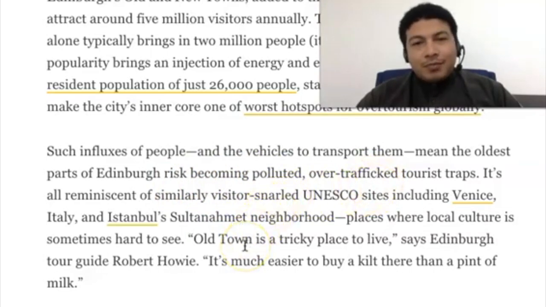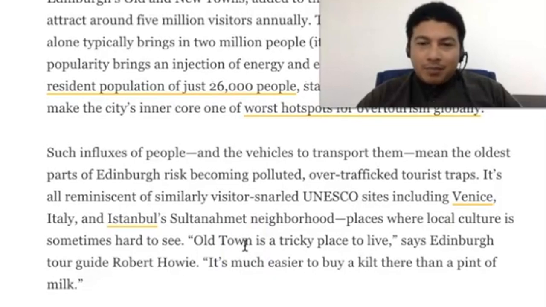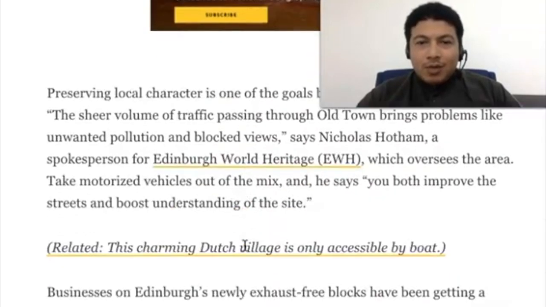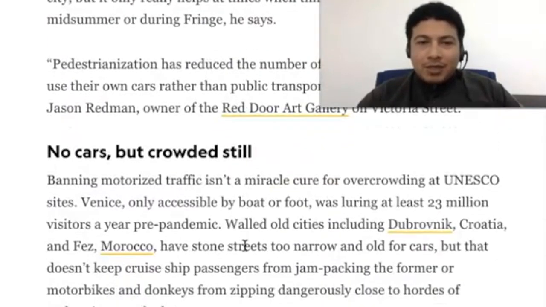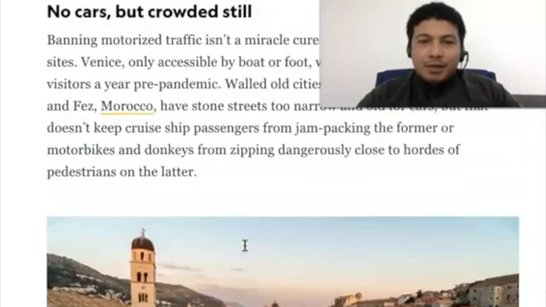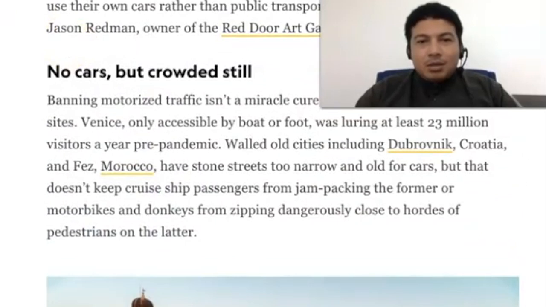So actually this article is giving an idea that the pandemic is actually doing a good thing to the city, keeping the cars and the visitors away and making the city a better place to live. So by going through this article, we can see that the implied main idea is too many cars on the road will make a tourism city, a tourism place, not livable.